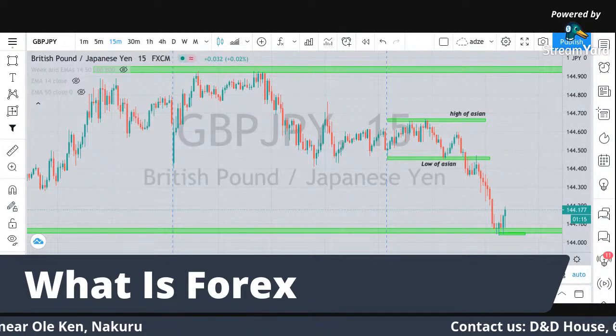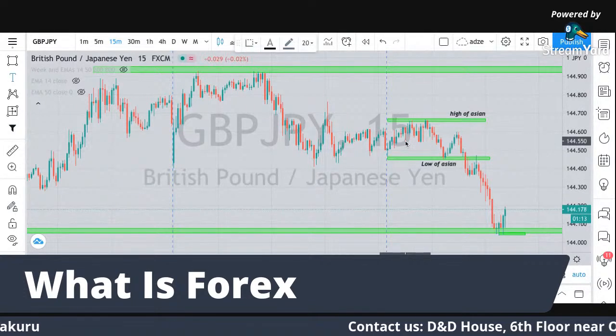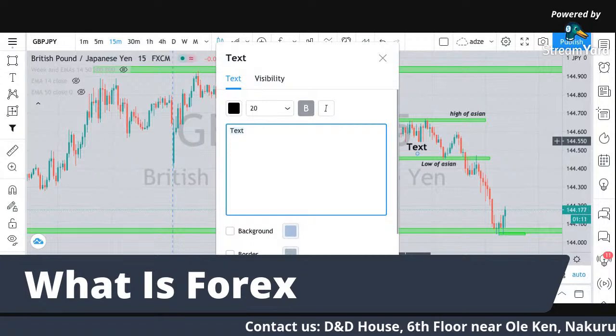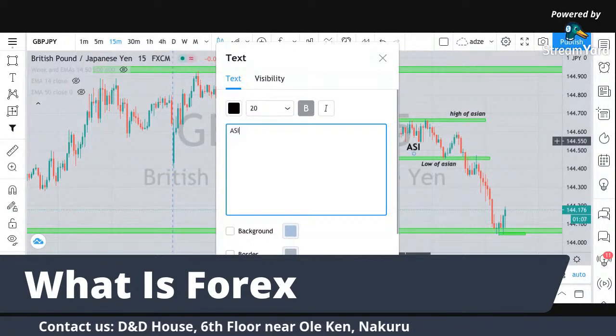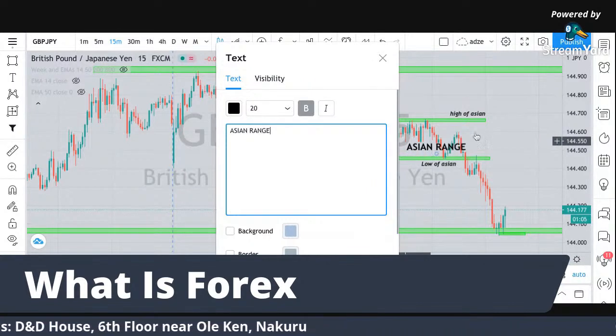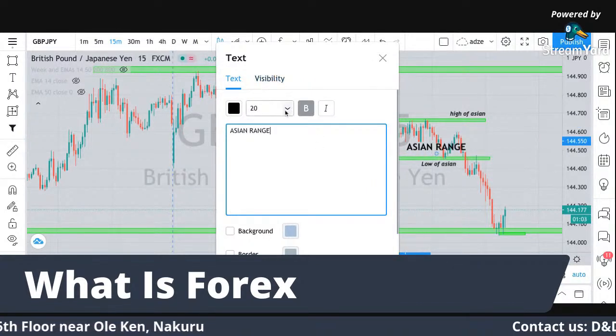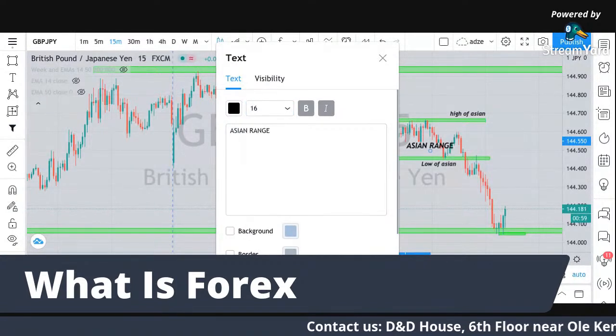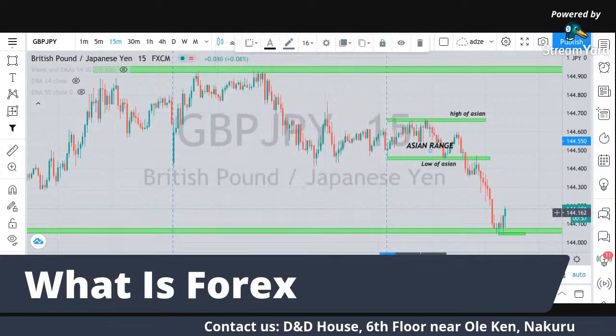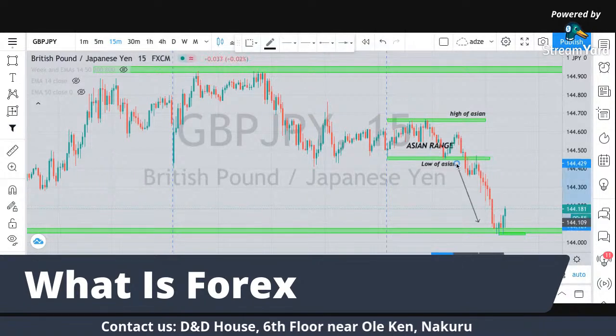Now for today, this is the idea. We're trading a New York session. This is the Asian range. This is the London breakout.